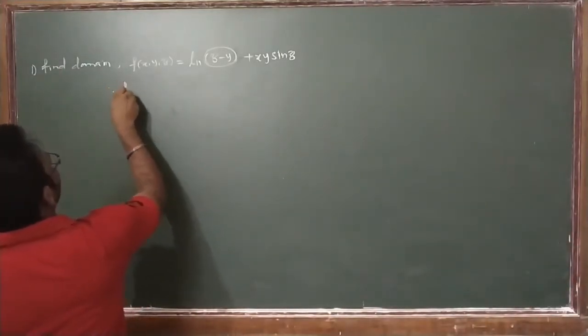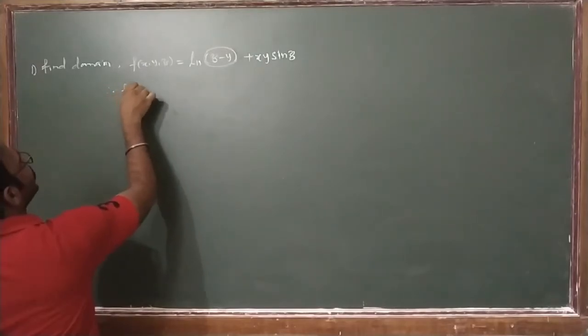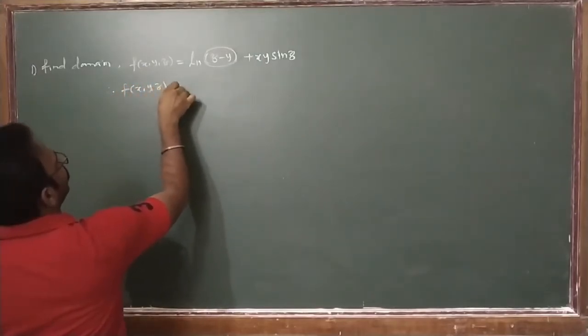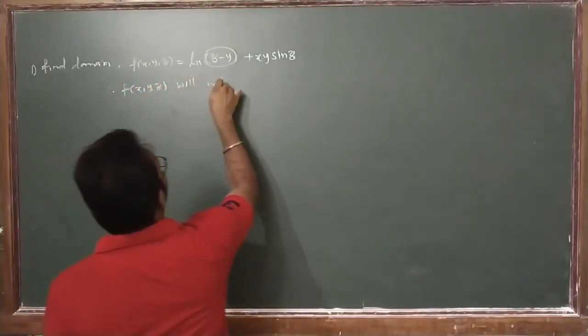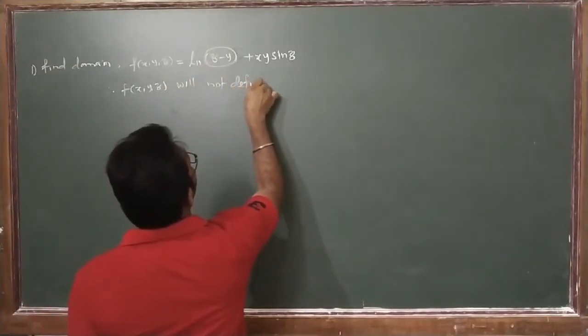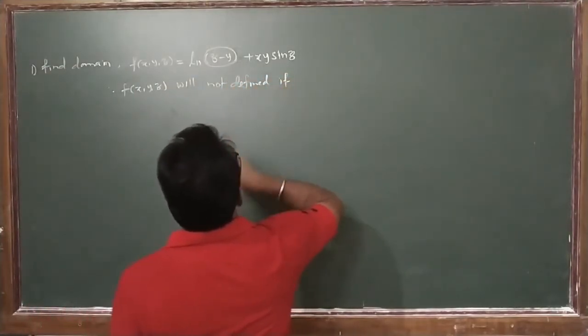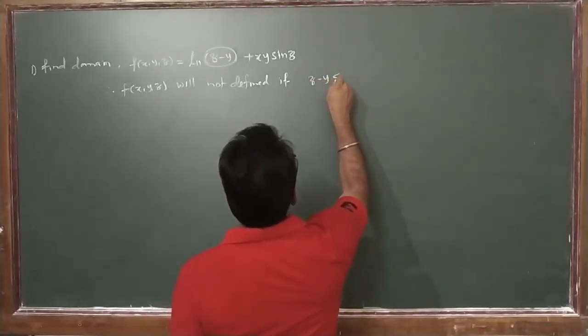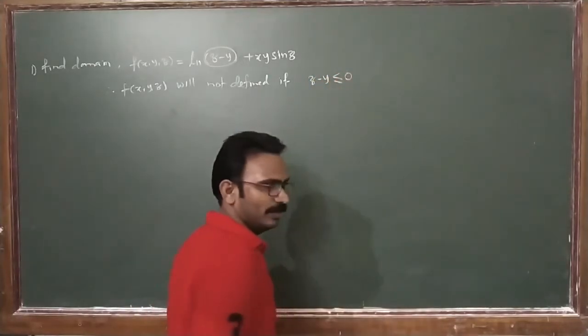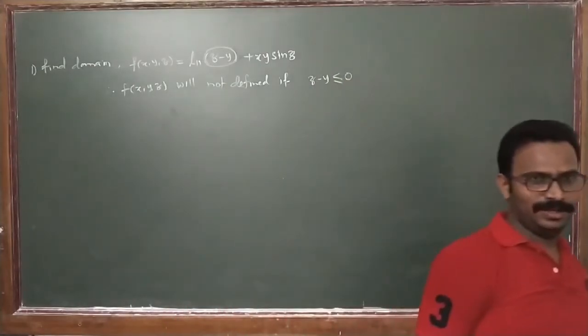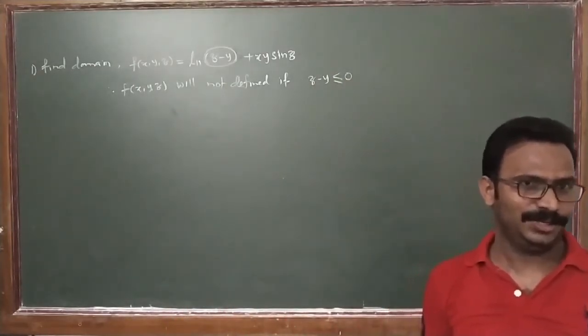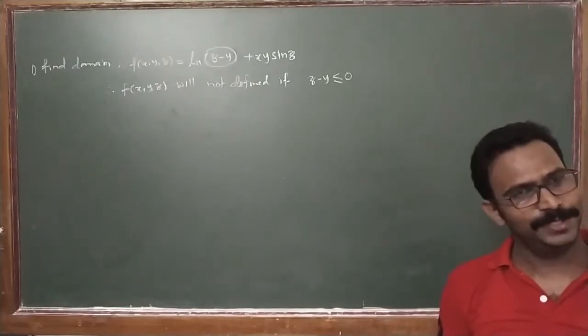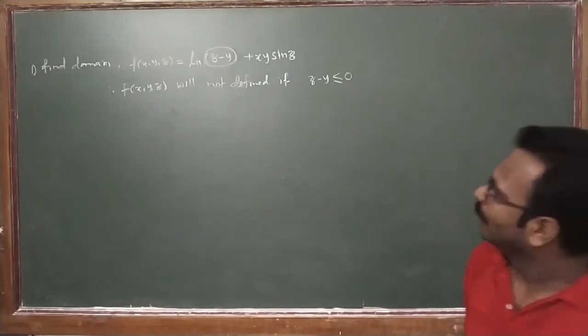Therefore, f of x, y, z will not be defined if z minus y is negative or equal to 0. That means we want this quantity to be positive. It should not be 0, it should not be negative.